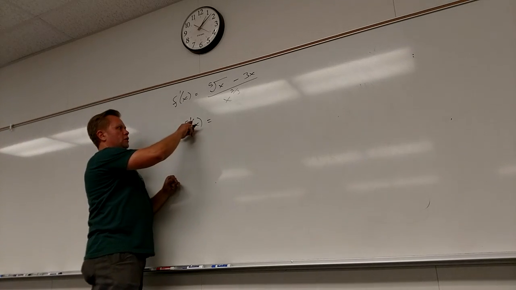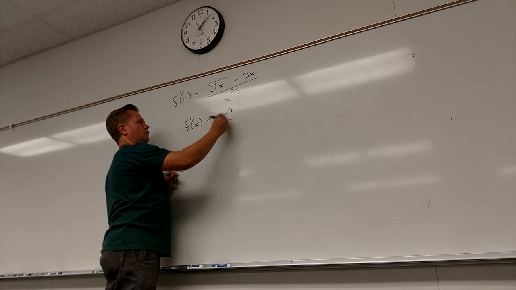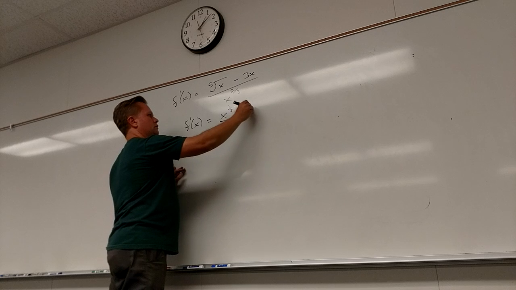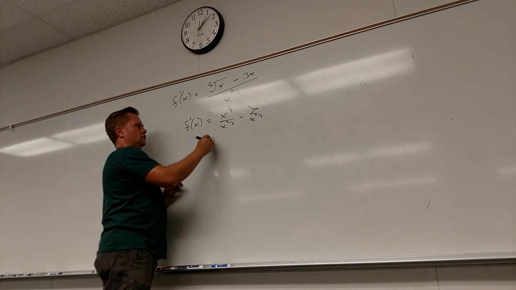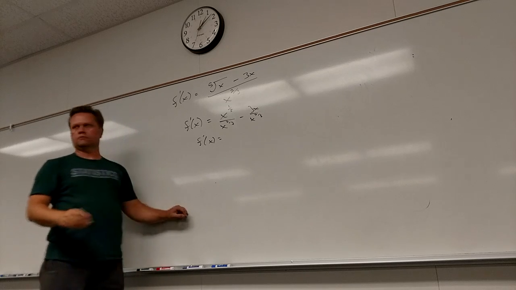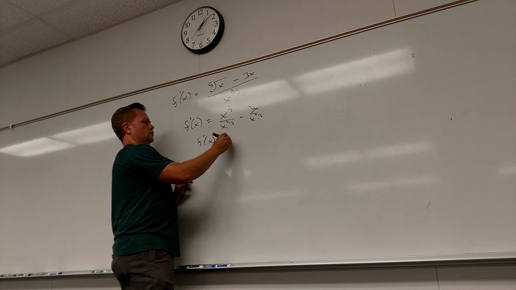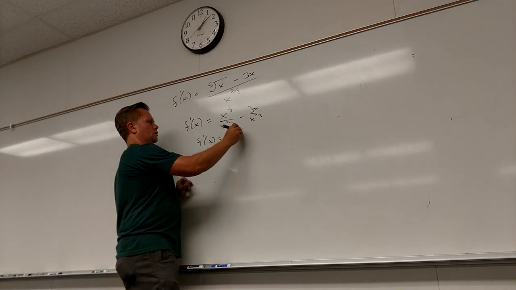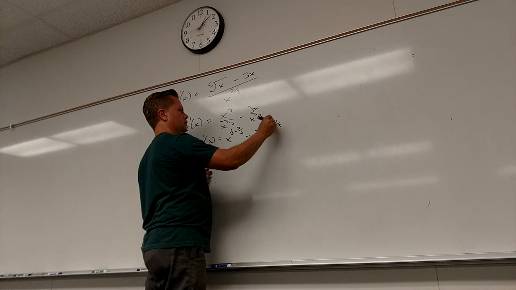So here I'm just still working with this. That's x to the 1/5 over x to the 2/3 minus 3x over x to the 2/3. So what can I do with that? Yeah, 1/5 minus 2/3, minus 3x to the 1 minus 2/3, right?